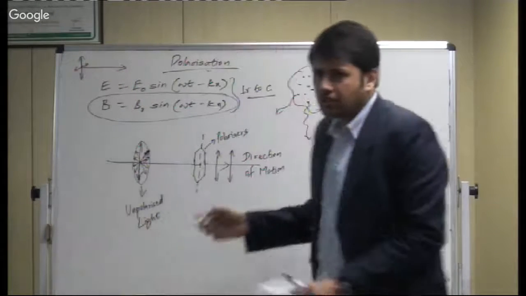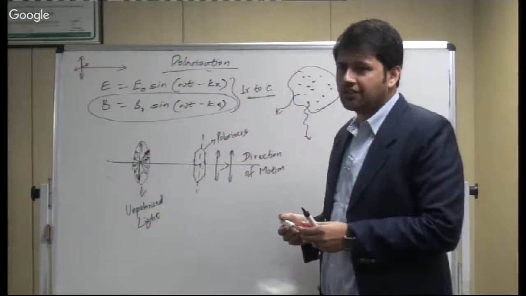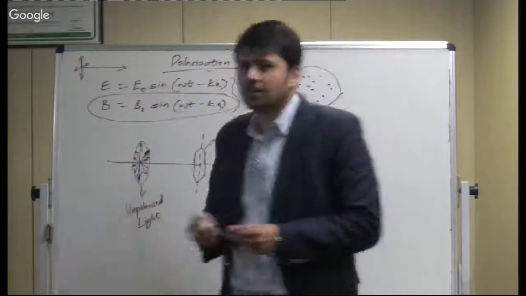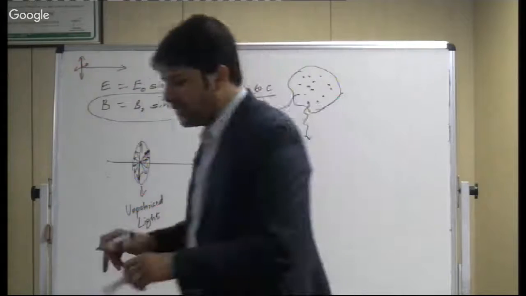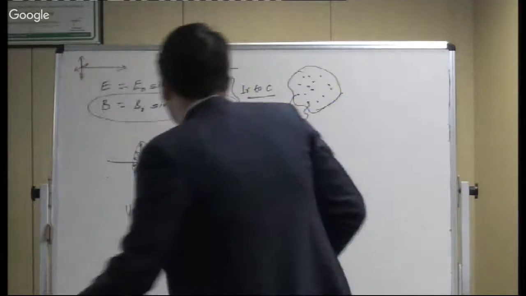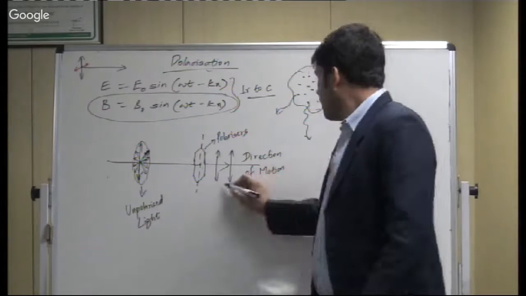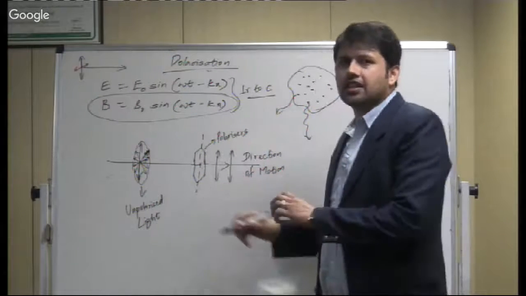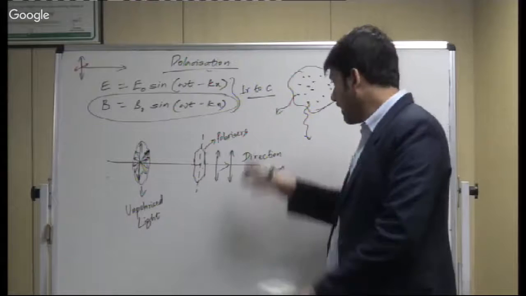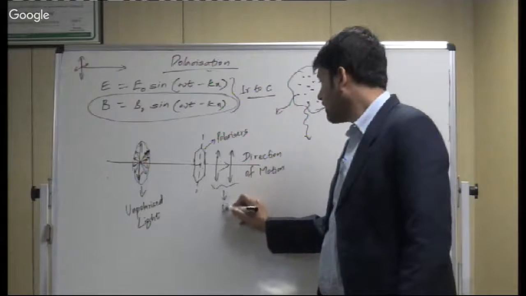They are mutually perpendicular. So we'll limit our discussion to the electric field only, and the magnetic field will not be introduced in this whole discussion. This light, in which the electric field oscillates only in the vertical direction, is called polarized light.